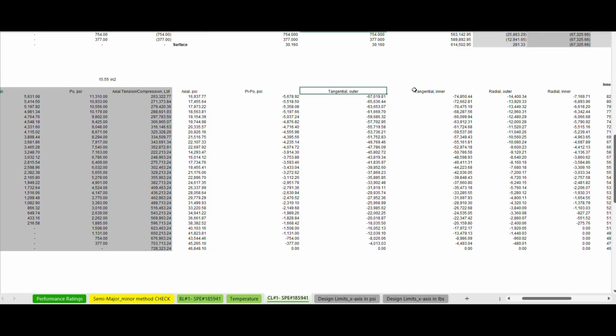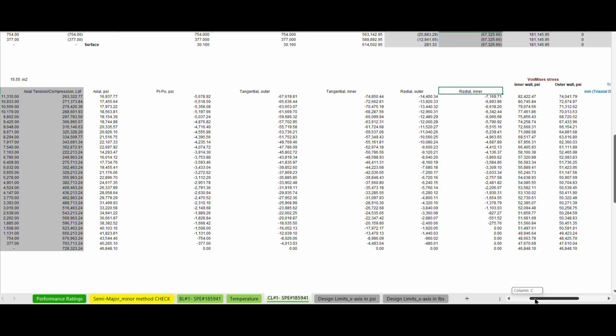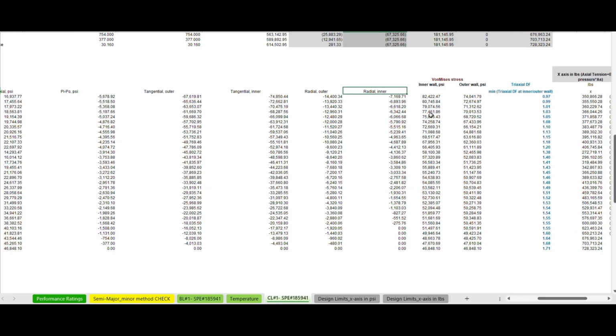Then you calculate the tangential and radial stresses on both the inner and outer walls, so that you take a conservative assumption of taking the highest von Mises equivalent stress, either on the inner wall or the external wall.